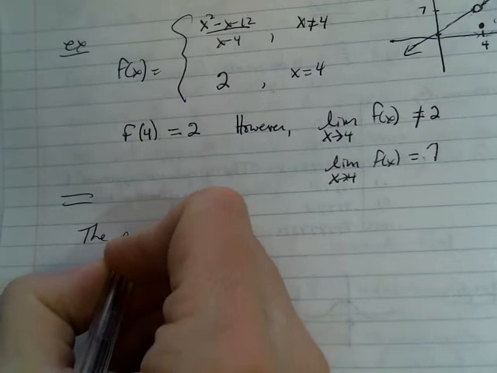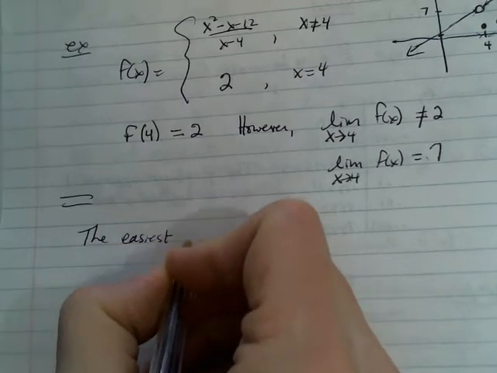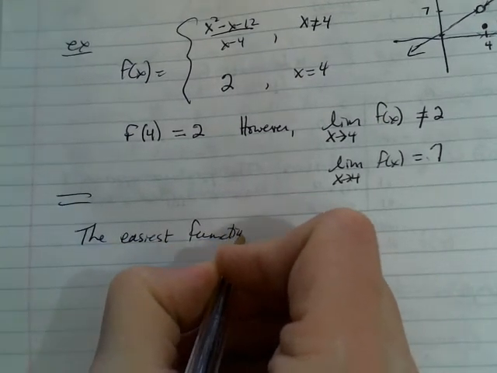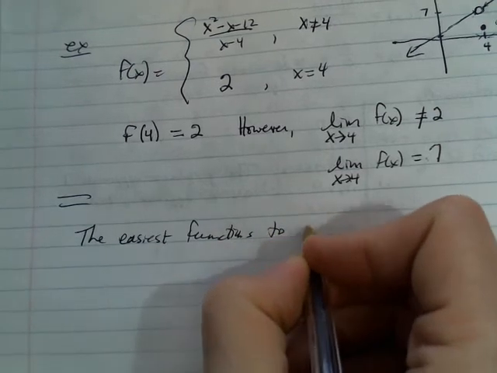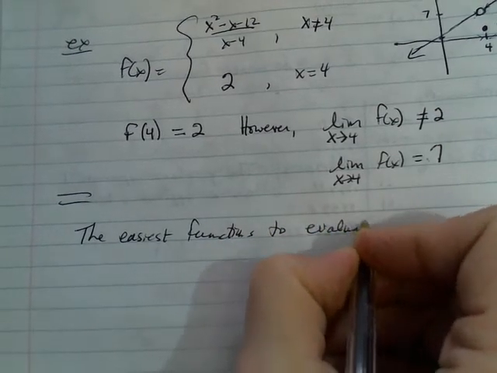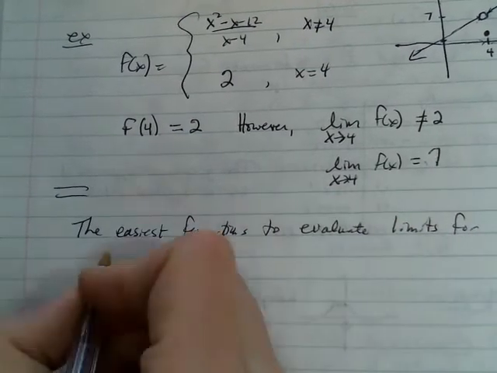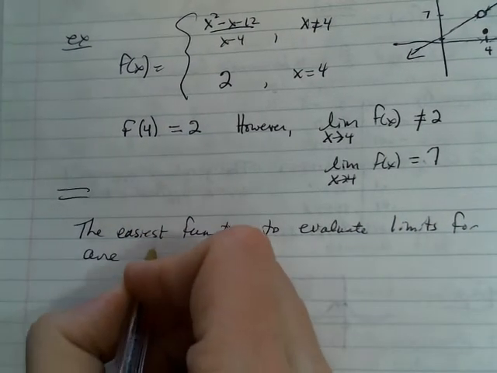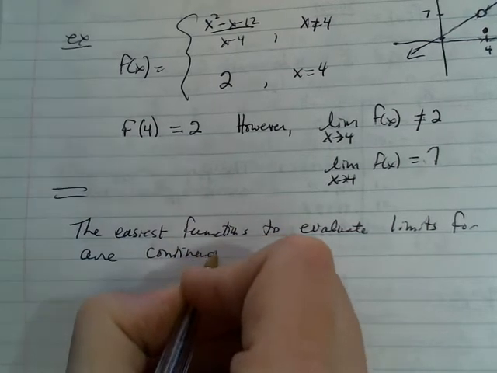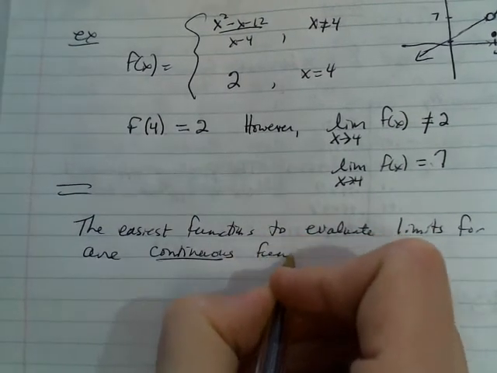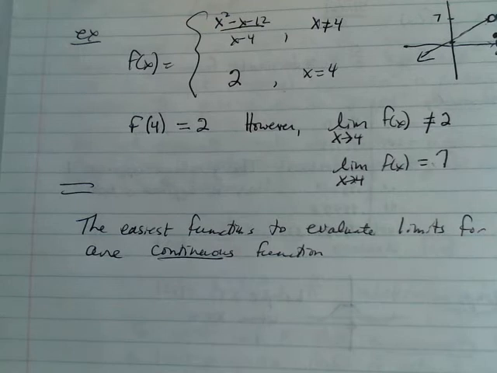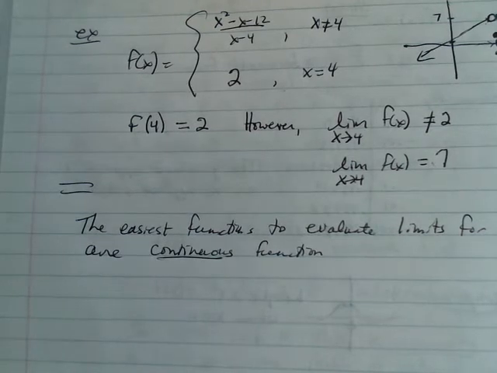So the easiest functions to evaluate limits for are continuous functions. In other words, usually they're just polynomials.